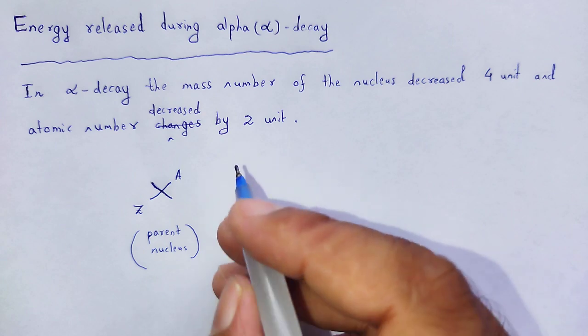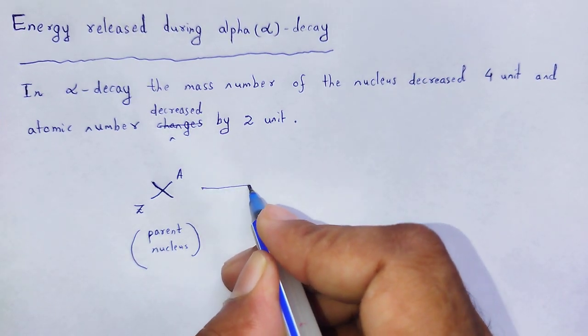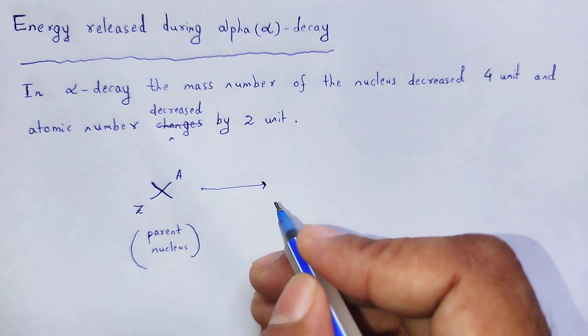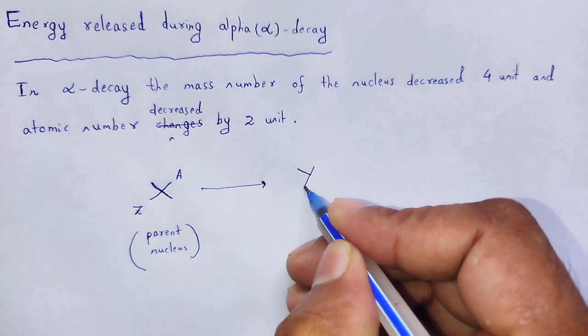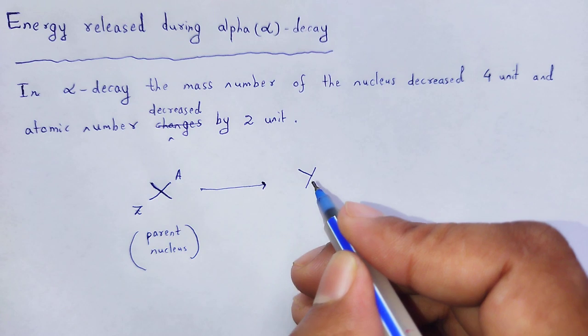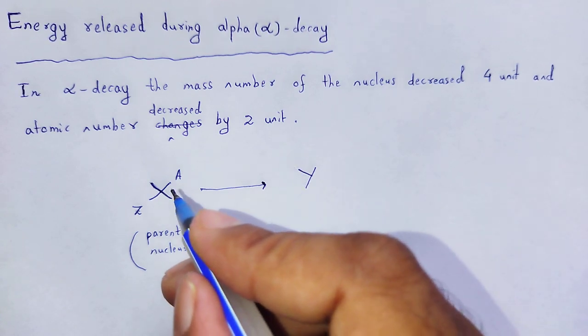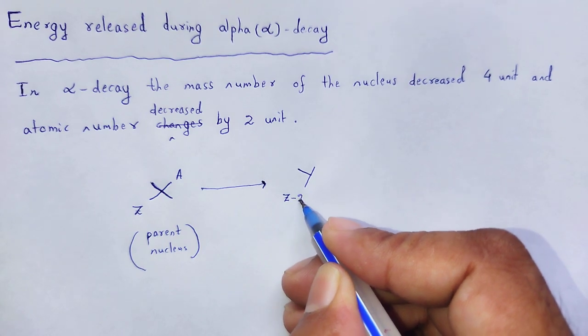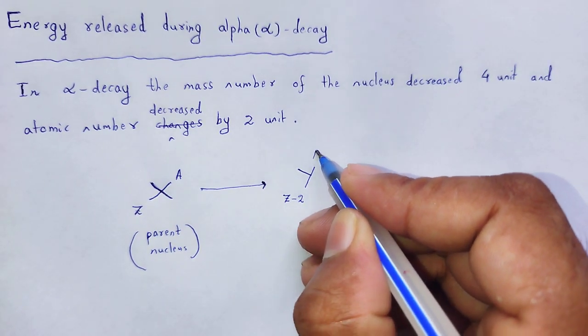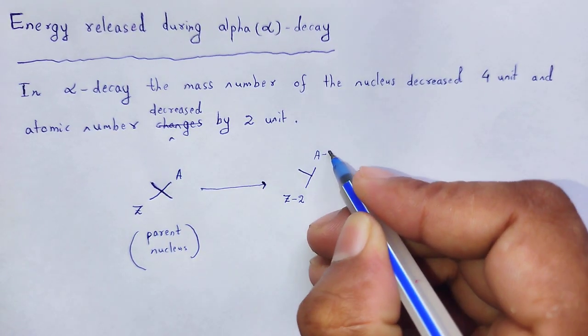Under alpha decay, the daughter nucleus forms. Let Y be that daughter nucleus. It has the atomic number decreased by 2 units and mass number decreased by 4 units.